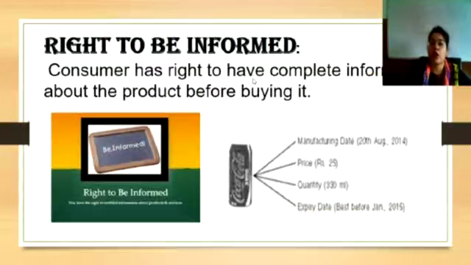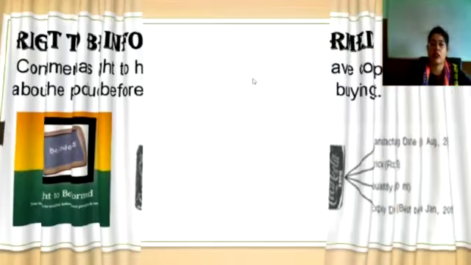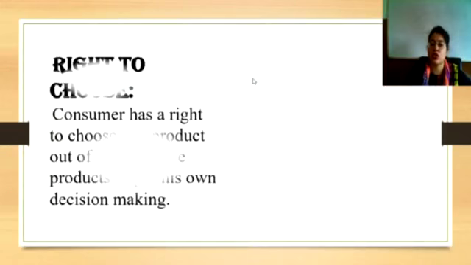Right to be informed. Consumer has a right to have complete information about the product before buying it, like manufacturing date, price, quantity, expiry date, ingredients included, and so on. Right to choose.